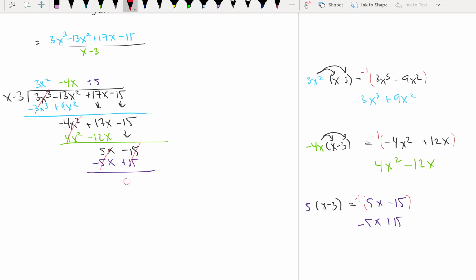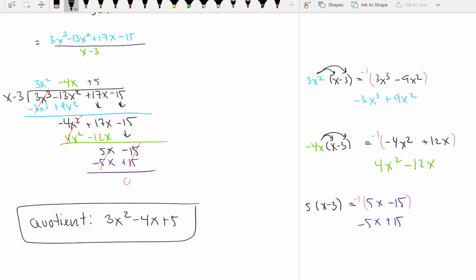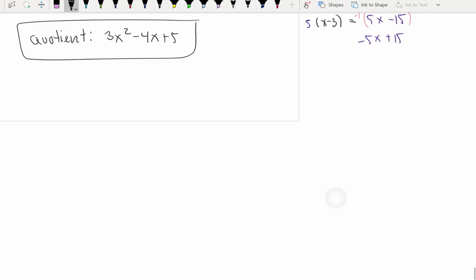So here, everything cancels, so you don't have a remainder. Your remainder here is 0. So you are going to say that your quotient is 3x squared minus 4x plus 5. Your remainder is 0, so we don't really need it.